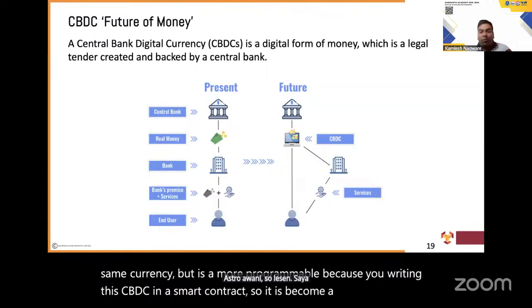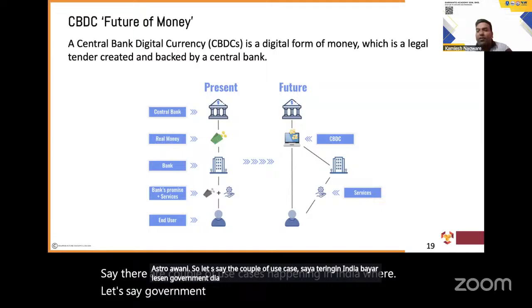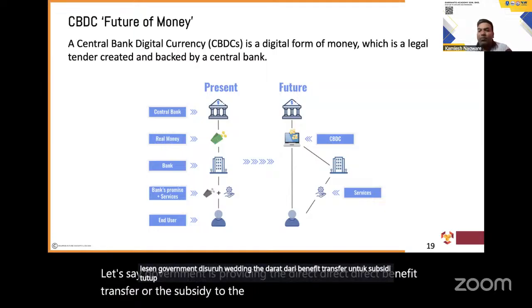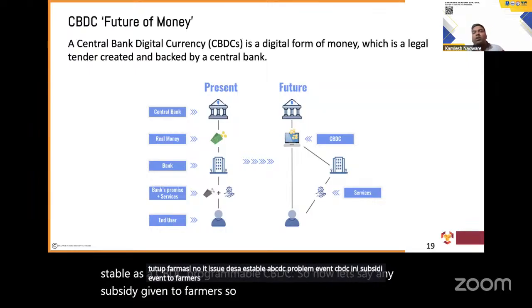So there are a couple of use cases happening in India where, let's say, the government is providing the direct benefit transfer or the subsidy to the farmers. Now it is issued as a programmable CBDC. So any subsidy given to farmers can't be used for any other purpose.